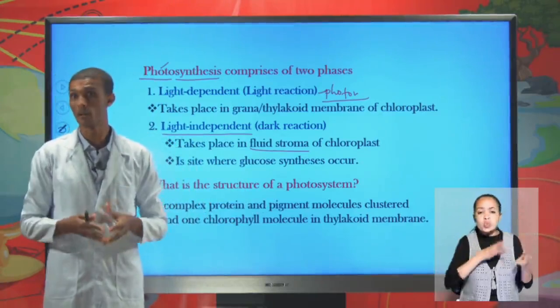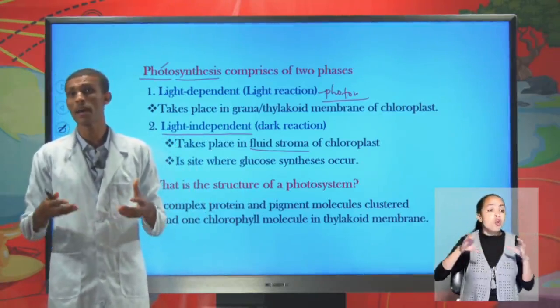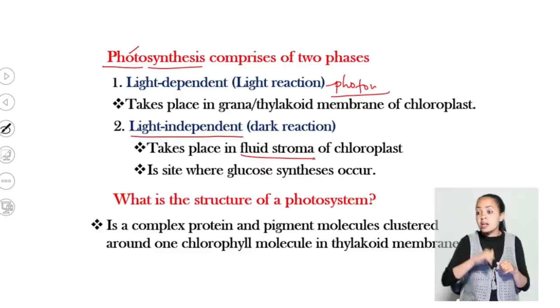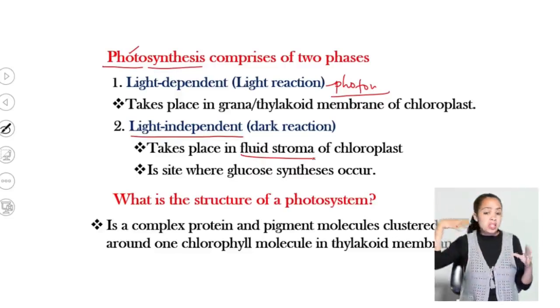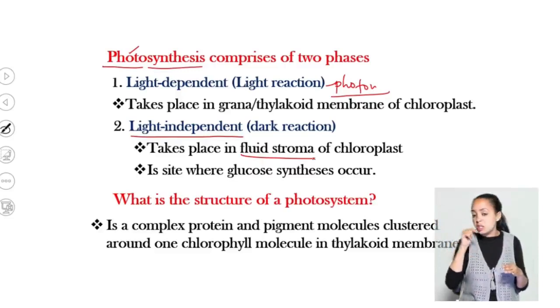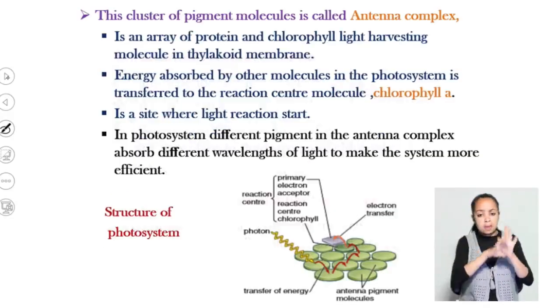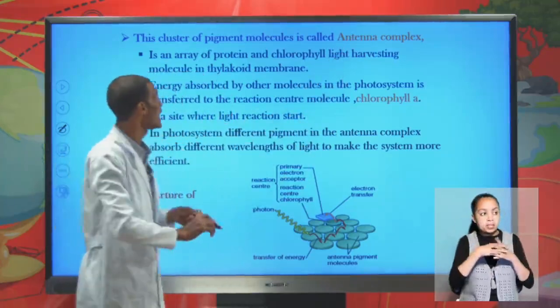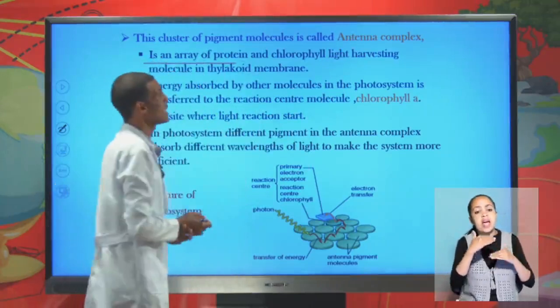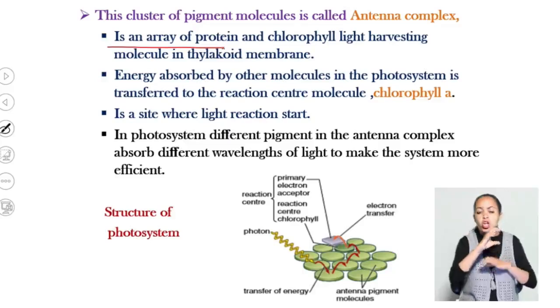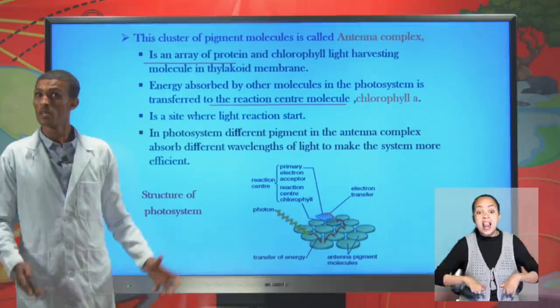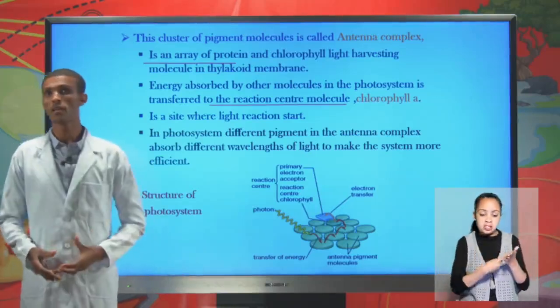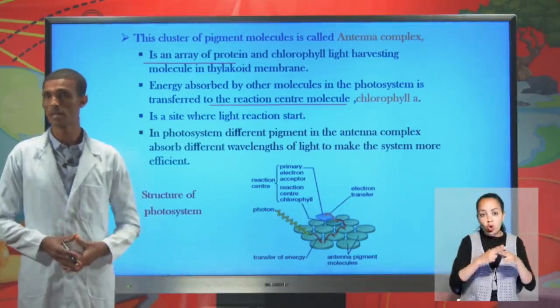There are many chlorophyll molecules, with cofactors such as magnesium, and many photosensitive pigments found in the thylakoid membrane. This cluster of photosystem and chlorophyll molecules is called the antenna complex. It is an array of protein and chlorophyll molecules suited for light harvesting activity.